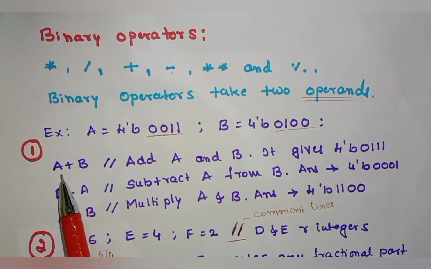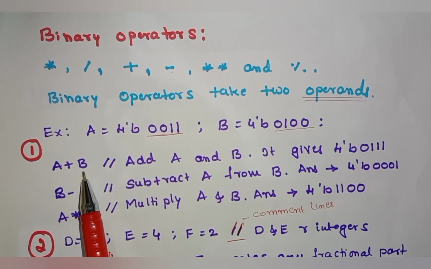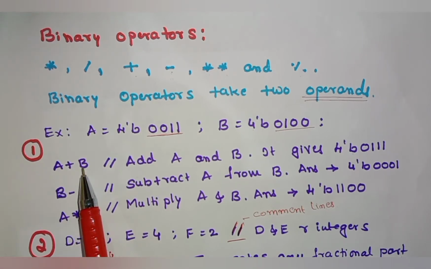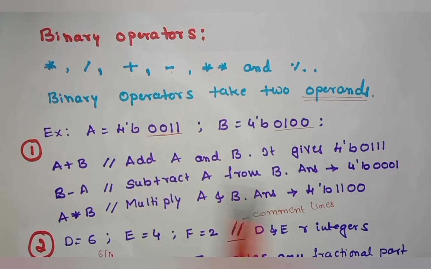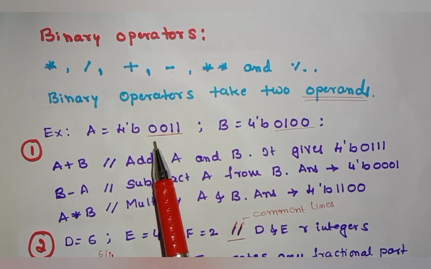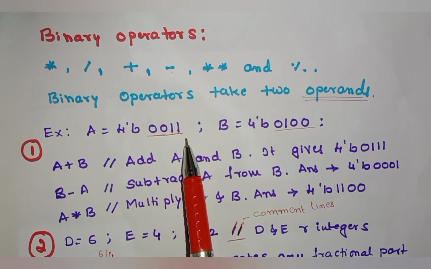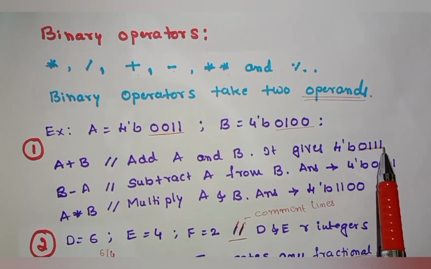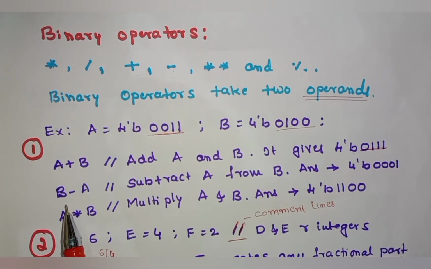A plus b adds the two numbers, the two operands. Here a and b are the operands. If you add 0011 and 0100, the answer is 0111.